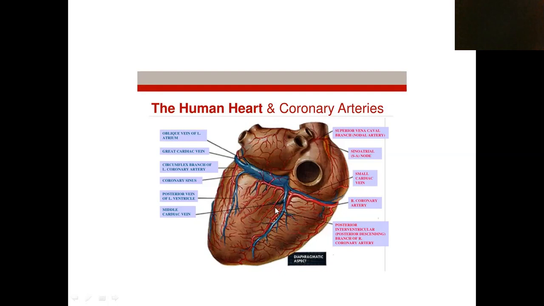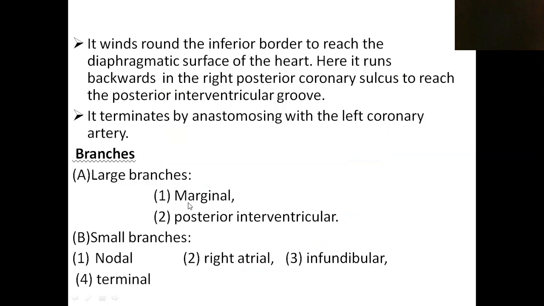That's why it's known as the posterior interventricular branch. Clear? So these are the two major branches: the posterior interventricular branch, and in the inferior border we can see the marginal branch. Those are the two major or large branches.